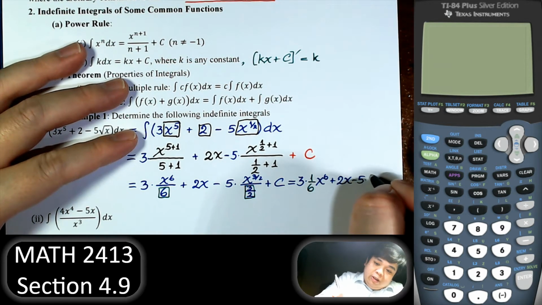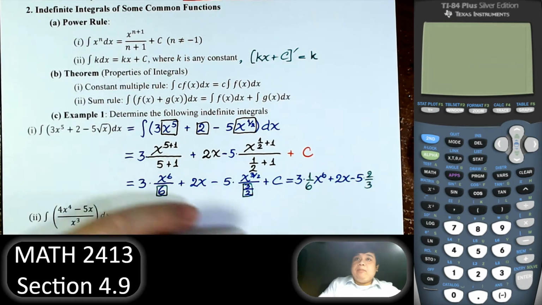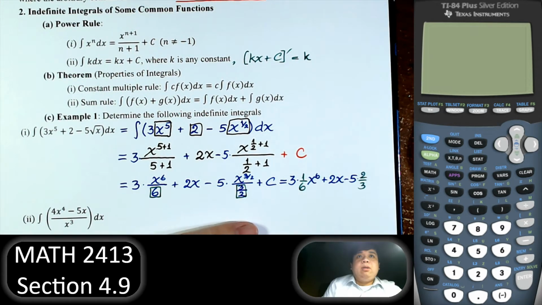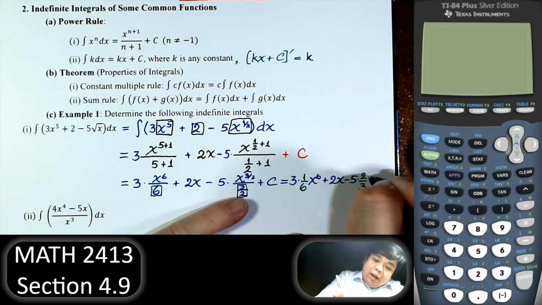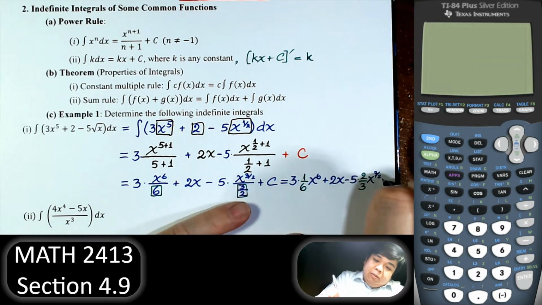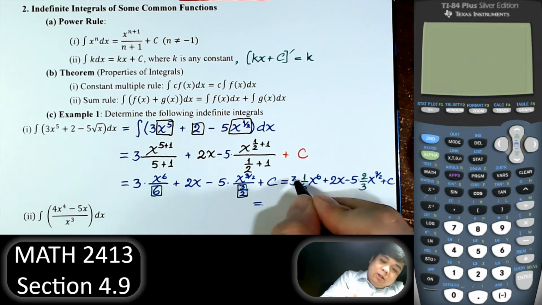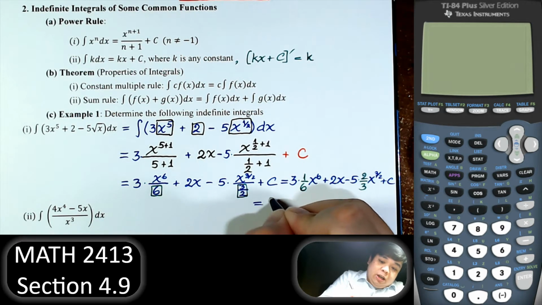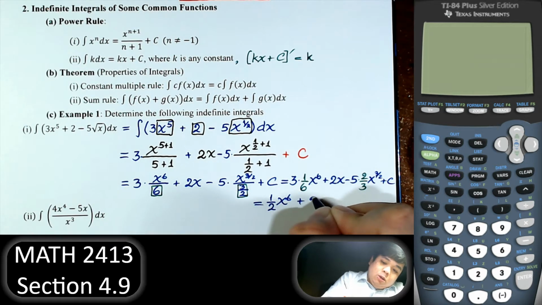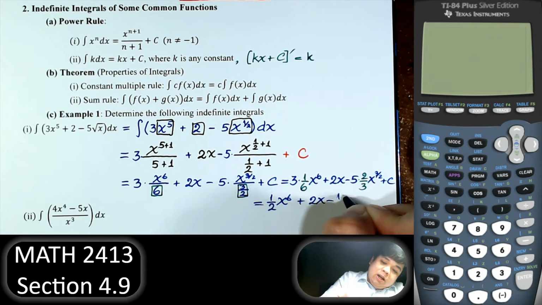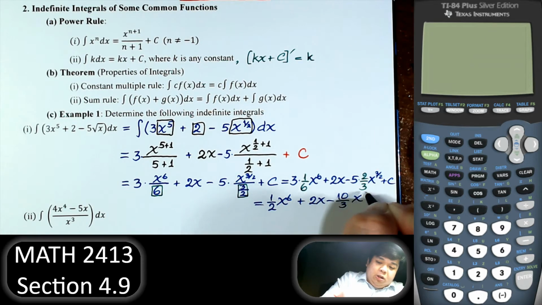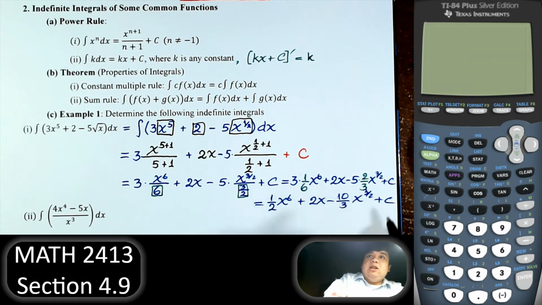We're going to flip, it becomes 2/3. Right? And then x to the 3 halves plus c. So that gives us 3 times 1 over 6, which is 1 half, x to the 6, plus 2x, minus 10 over 3 x to the 3 halves, plus c. So that's what we have.